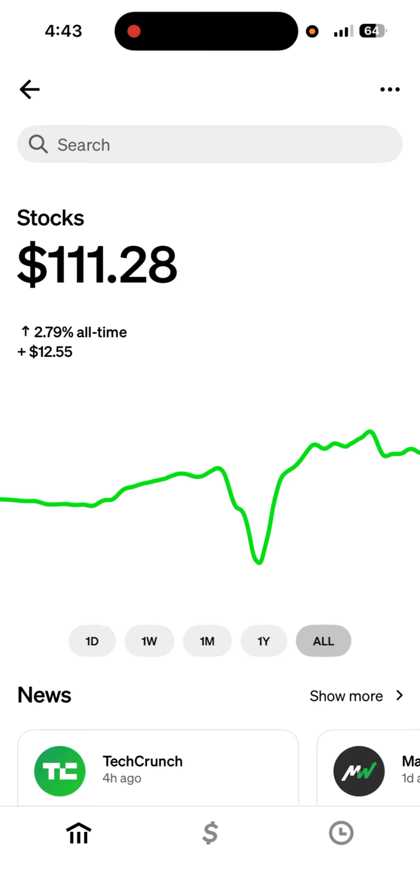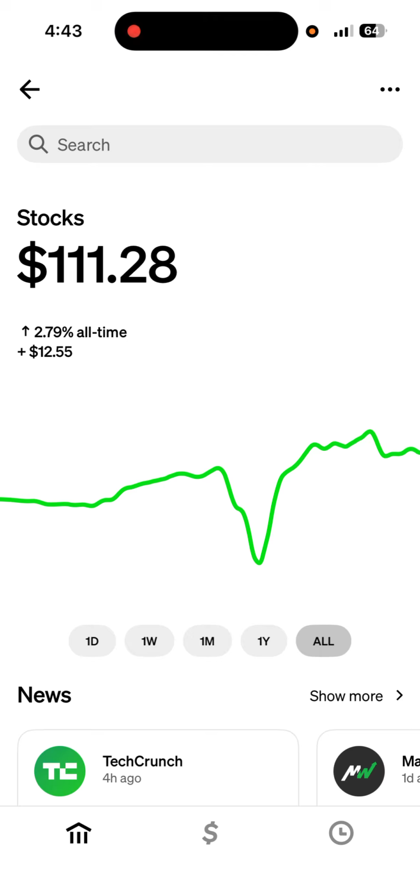And there's some apps out there that let you buy stocks with as little as $1. And Cash App, which is the platform that I'm going to be using to demonstrate, is one of those apps that you can start investing and buying stocks with as little as $1.